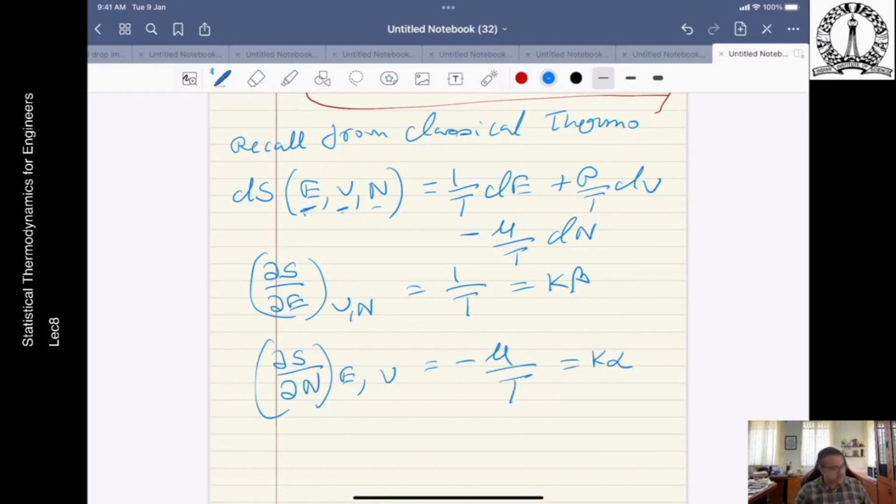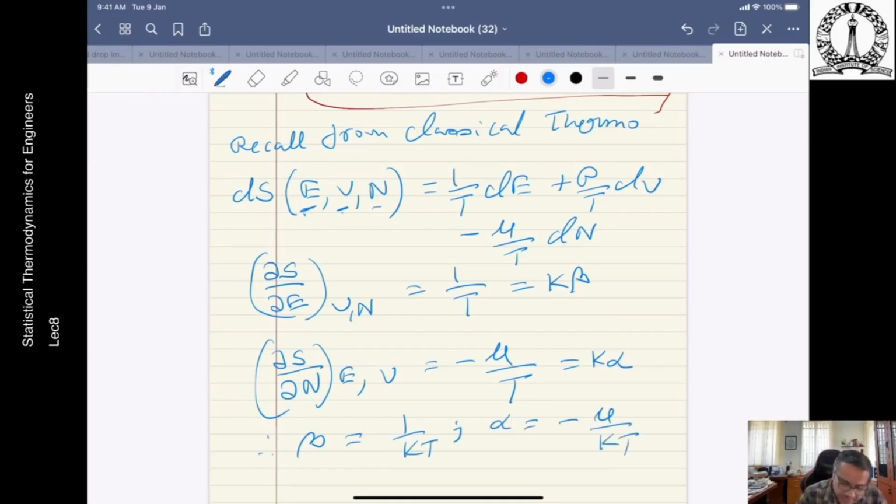So k alpha and k beta. Since K is the Boltzmann constant, alpha and beta you now know. Therefore beta is equal to 1 over kT, and alpha is equal to minus mu over kT.